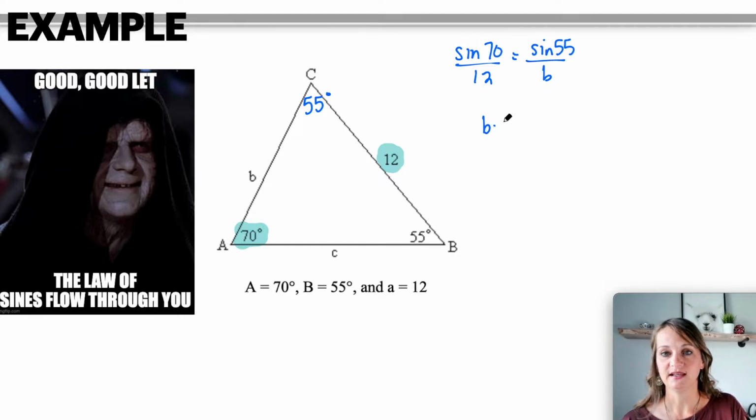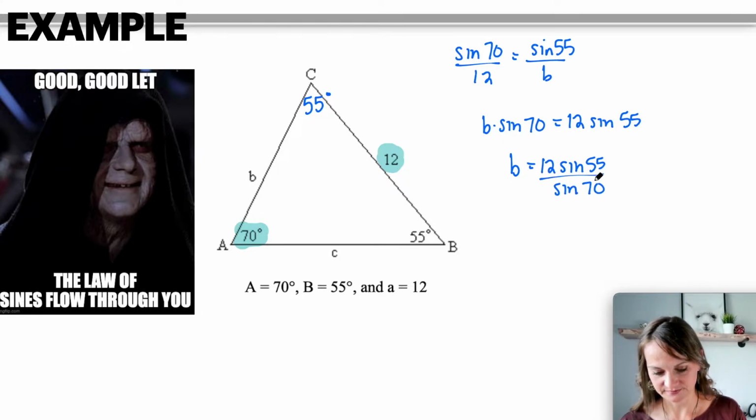So little b times sine of 70 is going to equal 12 times sine of 55. So to solve for b, I'm going to divide both sides by sine of 70. And I will get 10.46.